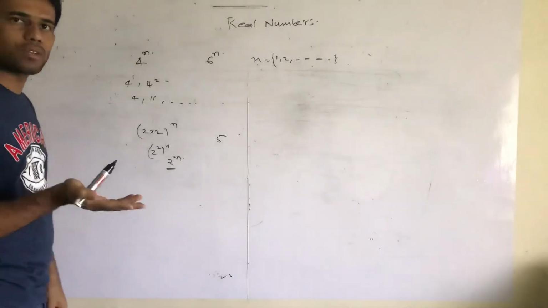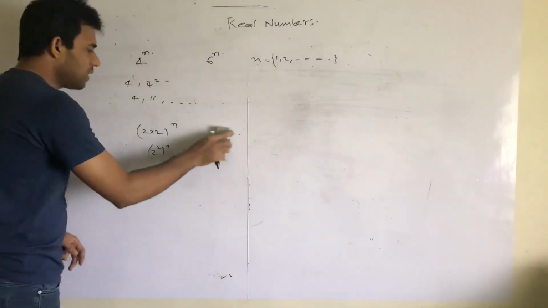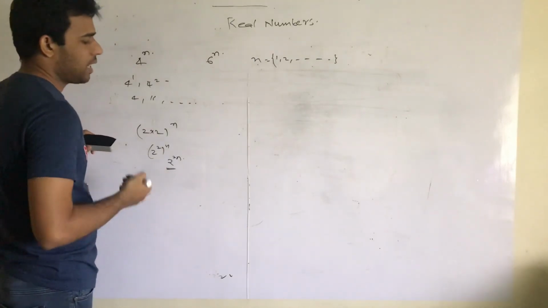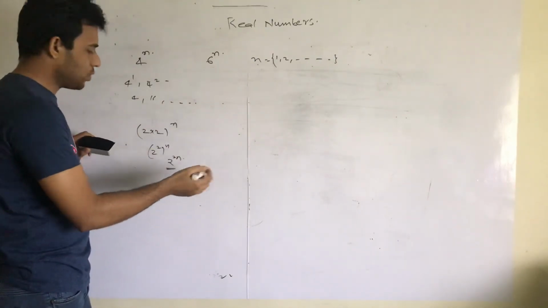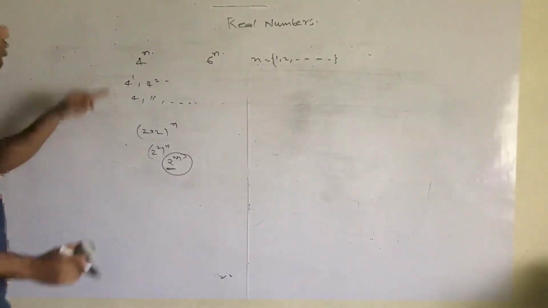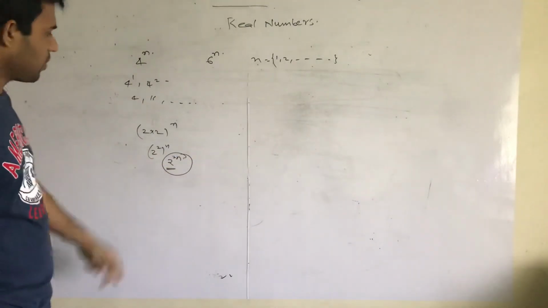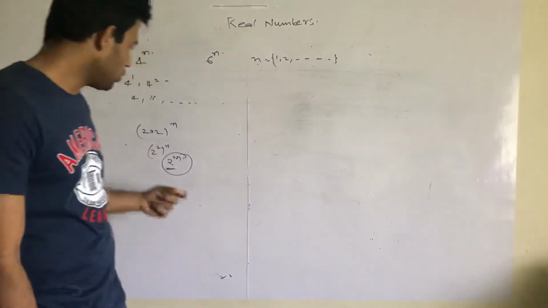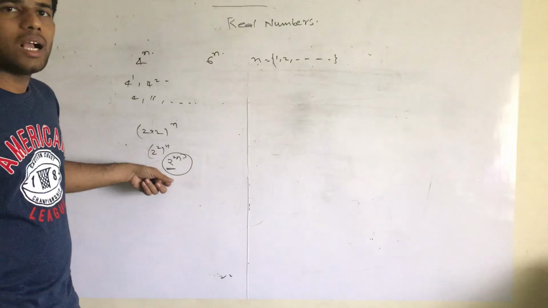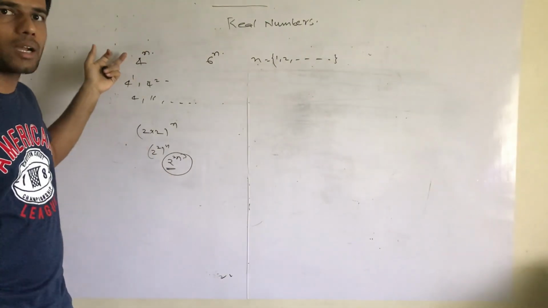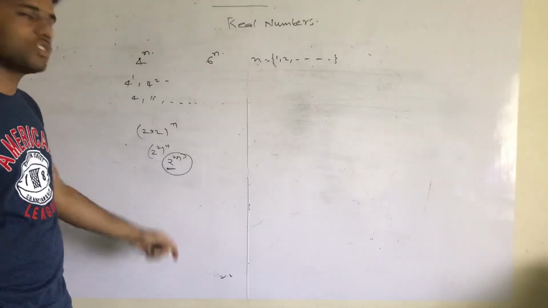Right? 5 into 8, 40. So we must have a factor 5 to get a number which ends with 0. So in this, there is no 5 as a factor. So 4 power n you can always represent in the form 2 into 2 power n. So there is no factor 5. So that's how this series will never come with a number which ends with 0.